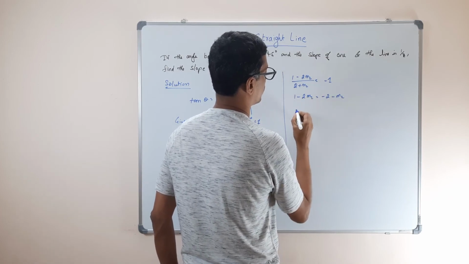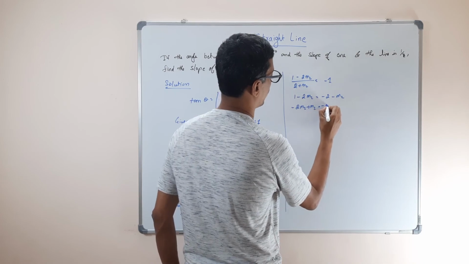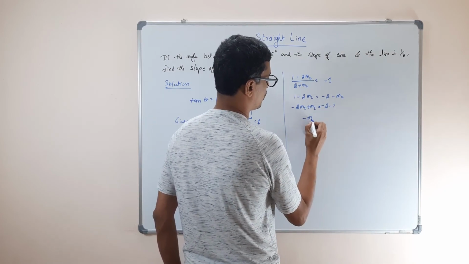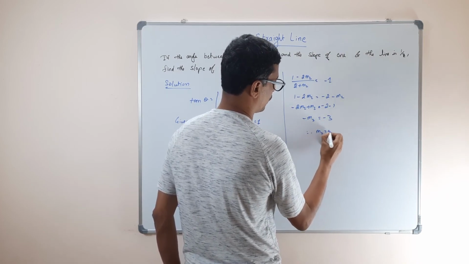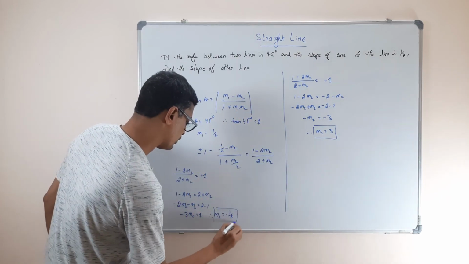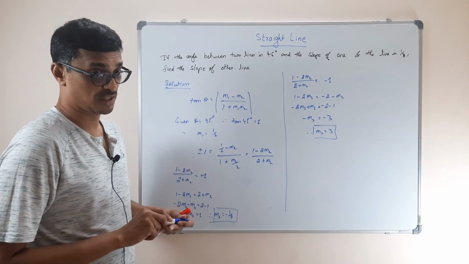So if I take it here, minus 2M2 plus M2 equal to minus 2 minus 1, right? So this will become minus M2 equal to minus 3. Therefore, M2 is equal to 3. Okay? So these are the two slopes.